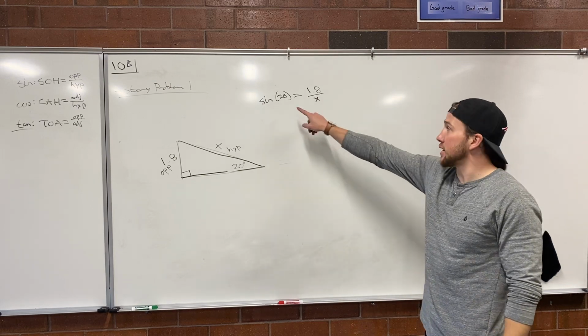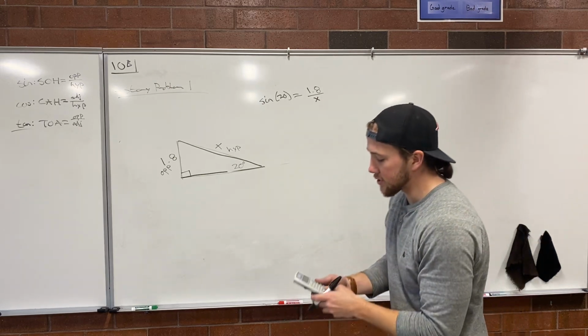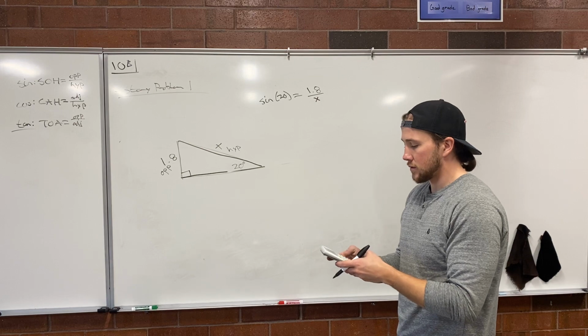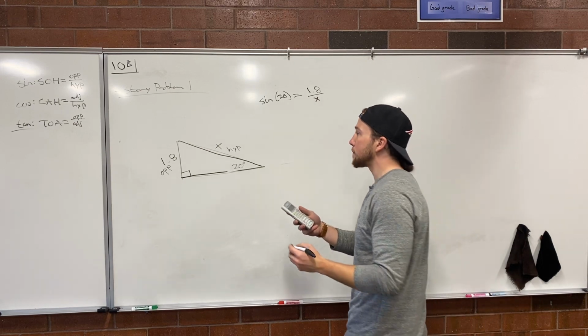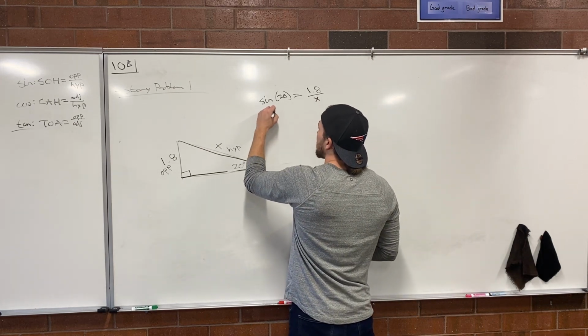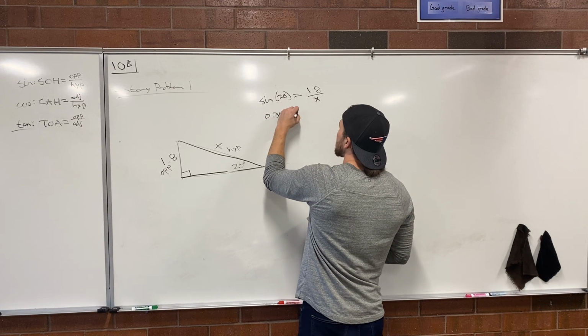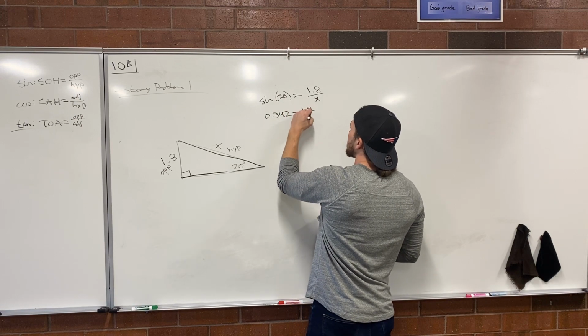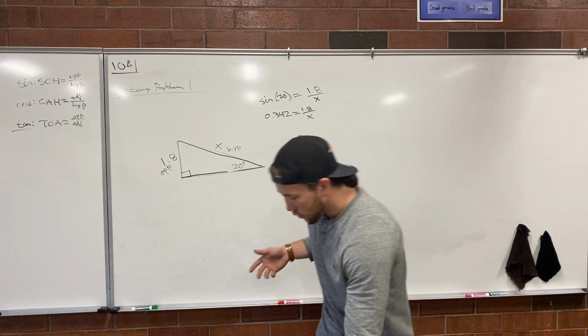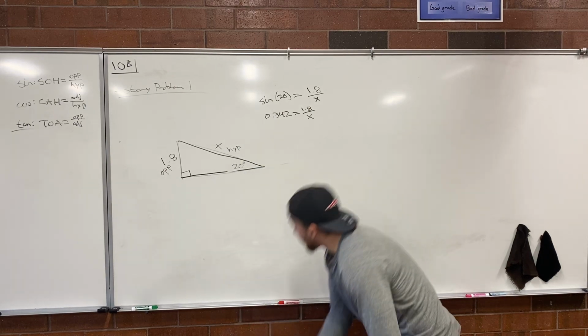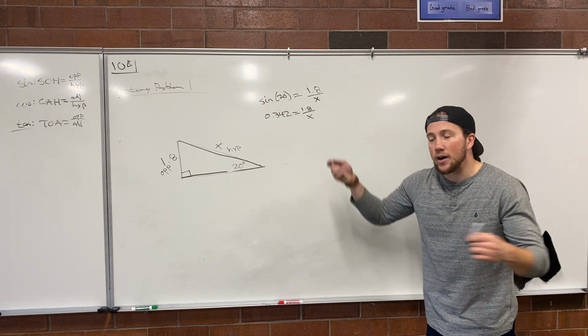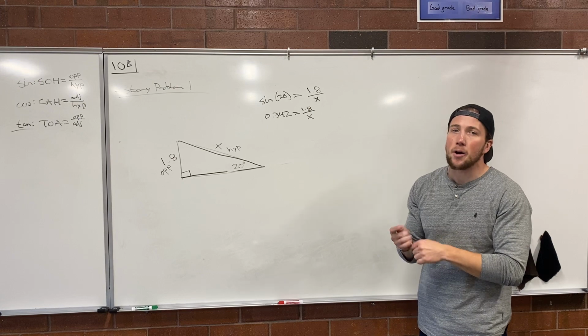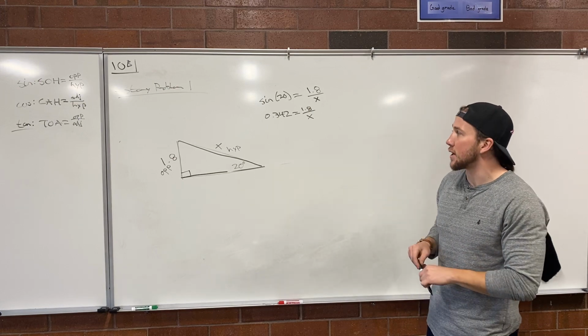Okay, so now we have everything we need. Let's evaluate the sine of 20 degrees in our calculator. That gives me about 0.342. So 0.342 equals 1.8 over x. Now let's apply that little trick we just learned about when the variable is on the bottom. If you missed that part, go back to the previous question where I explain it.